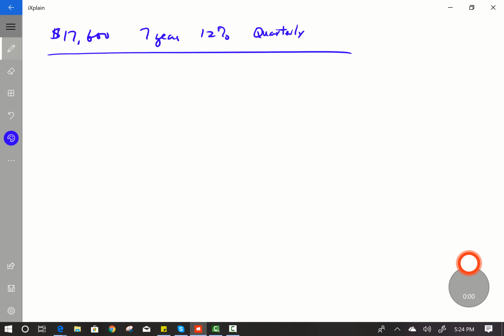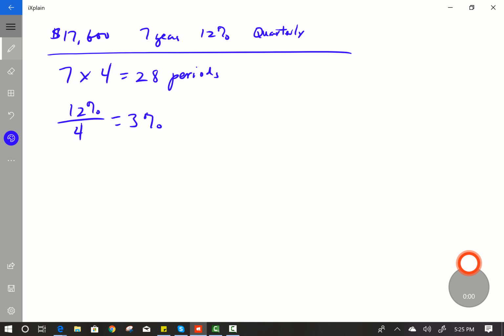First, I'm going to go ahead and break this down. I've got 7 years times 4 times a year. It's quarterly, so that's going to give us 28 periods. Then we're going to take 12% interest and divide it by 4 times a year, the number of times it's compounded in a year, which will give us a new rate of 3%.